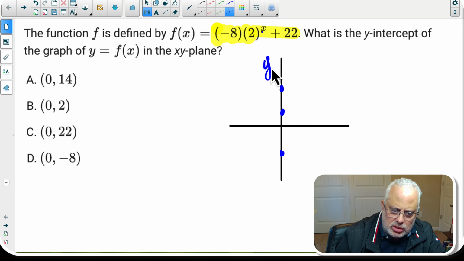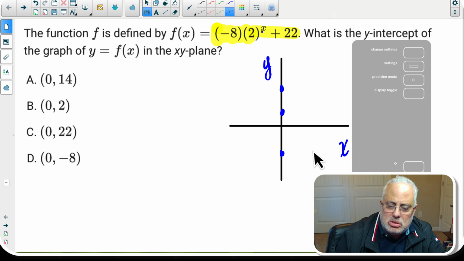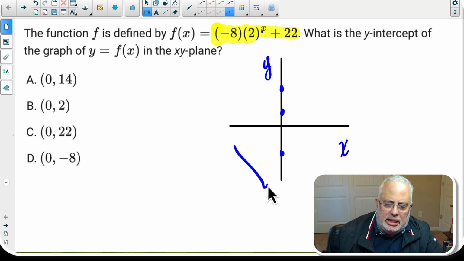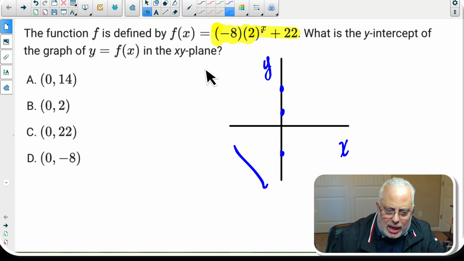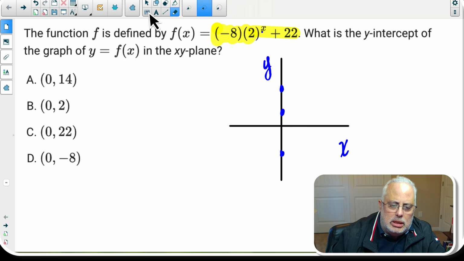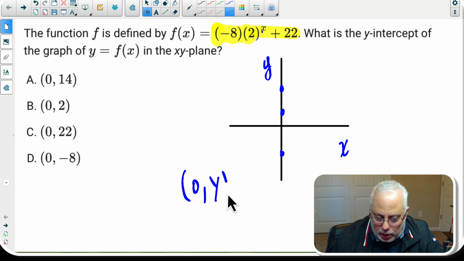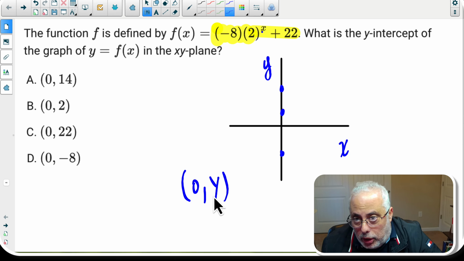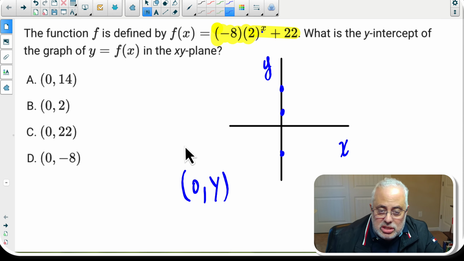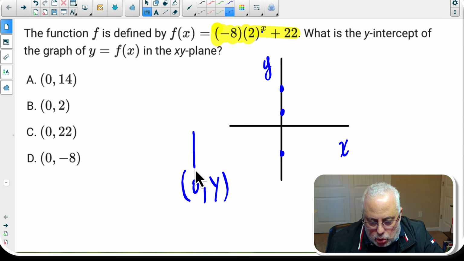This is the y-axis, this is the x-axis. So basically it's just that. Let me erase this. If a point is over the y-axis, the form of the point is 0 and a y-coordinate, because it's a point over the y-axis. And this is the essential concept. So the x value here is equal to 0.